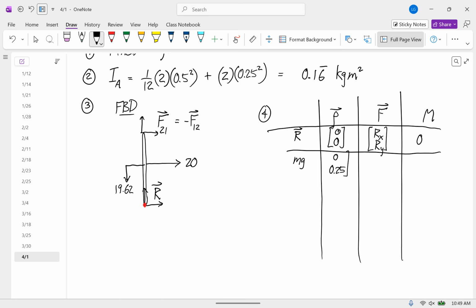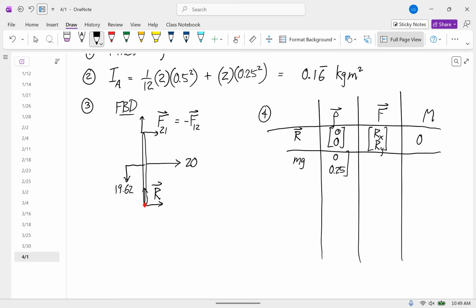And then the 20 Newton force, it's at the same location, so the rho vector has to be the same. And the force is positive 20, 0. And so the moment is negative 5. Does it make sense that that's a negative moment? Yeah, that would cause a clockwise rotation.